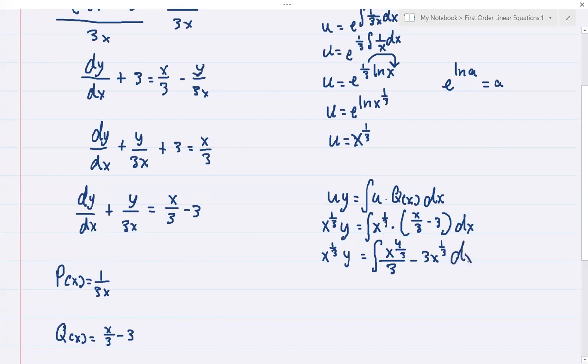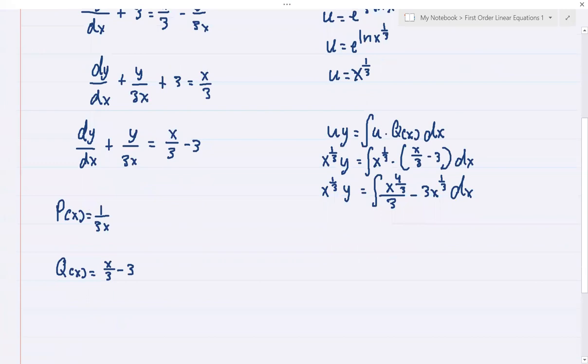So what we are going to do now is integrate.